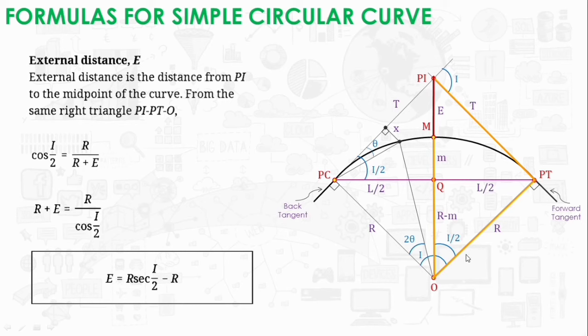If the tangent is given, you can use the sine function: sine equals opposite over the hypotenuse. So, sine I over 2 equals T over R plus E. So you can get E in terms of the tangent.